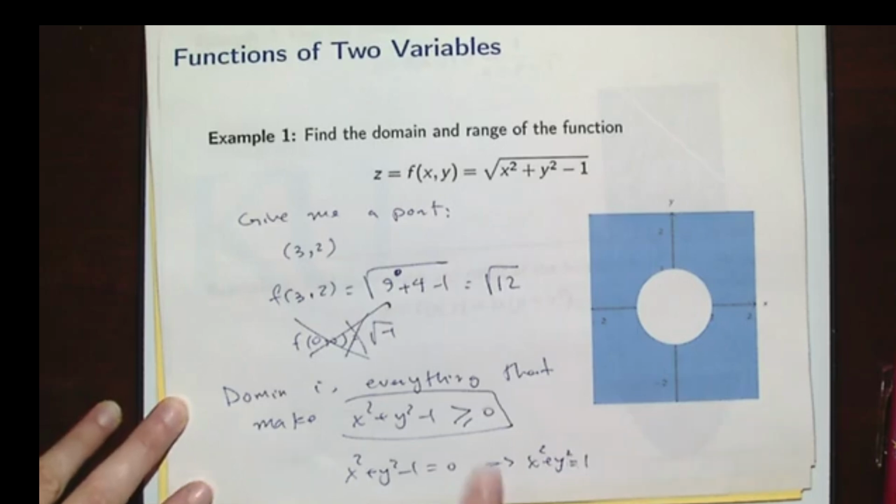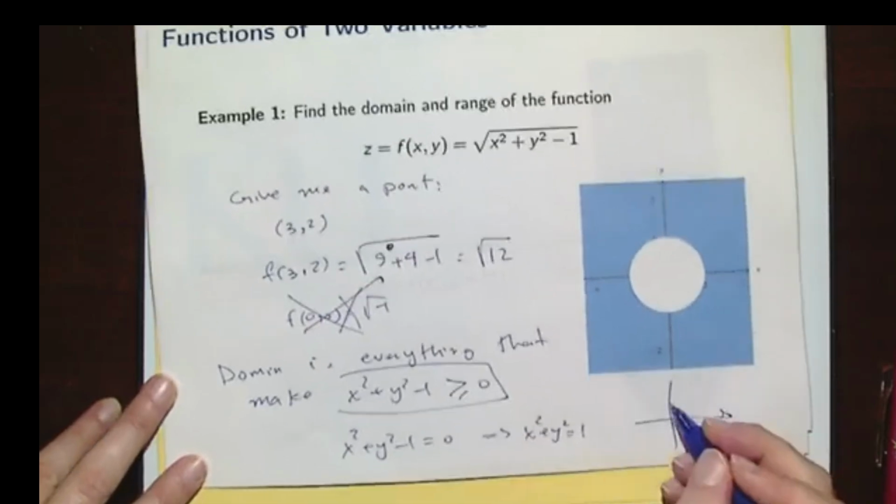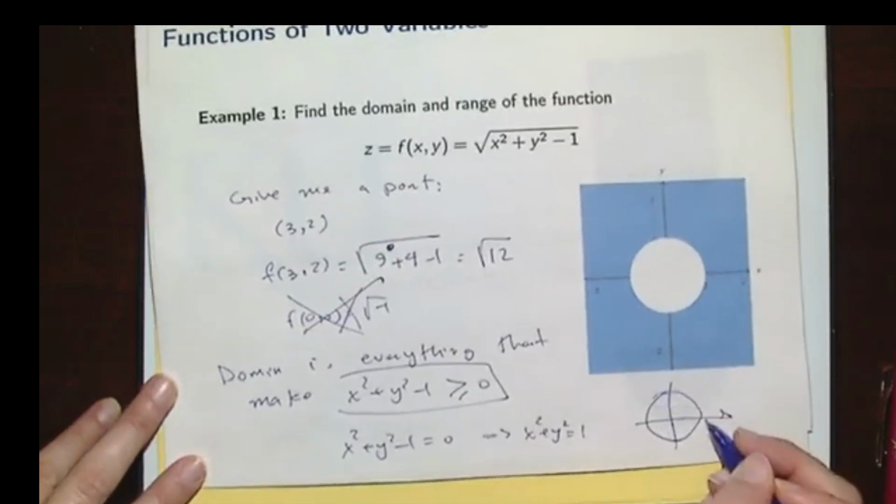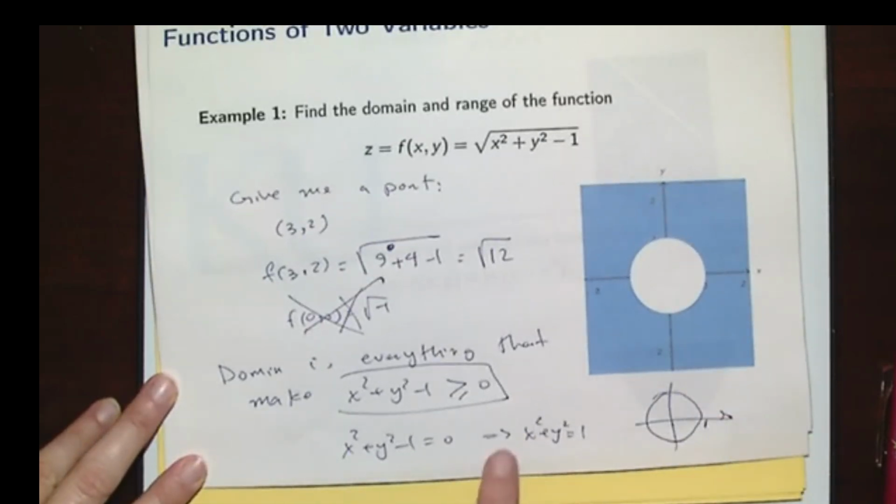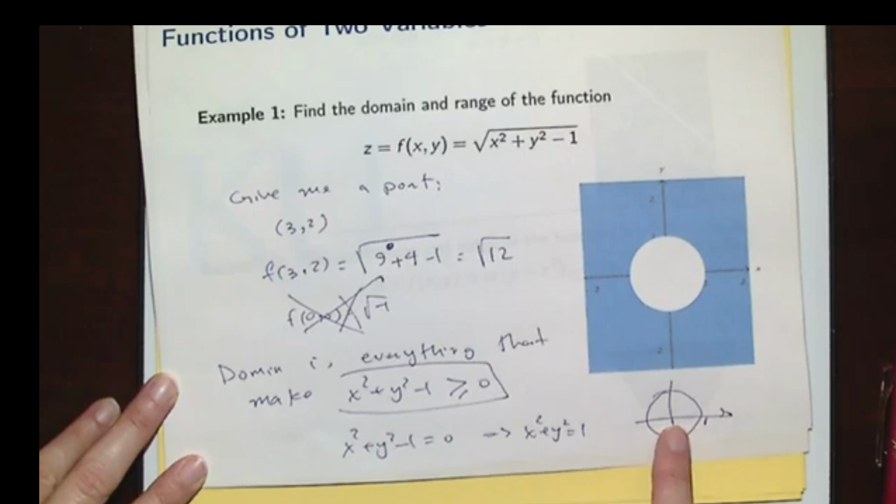A circle. Circle is included. So I draw this circle of radius 1. Then use test points, either inside or outside the circle. What is a good test point inside the circle? 0, 0.